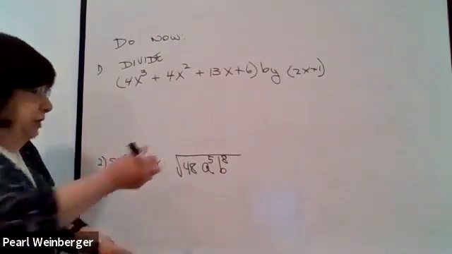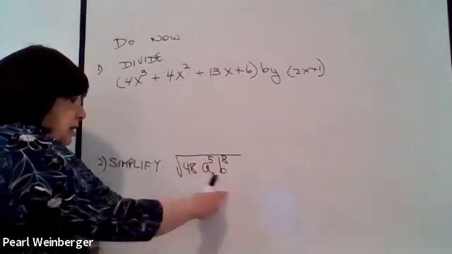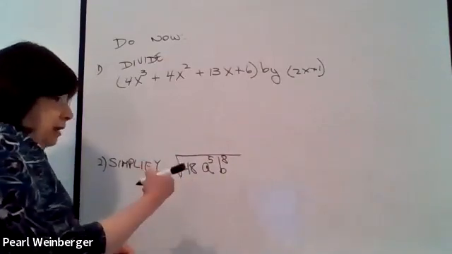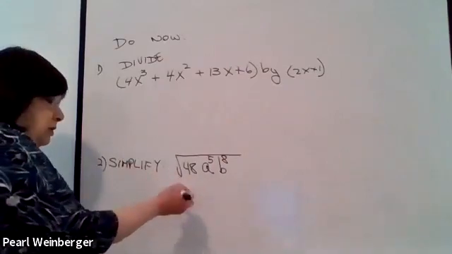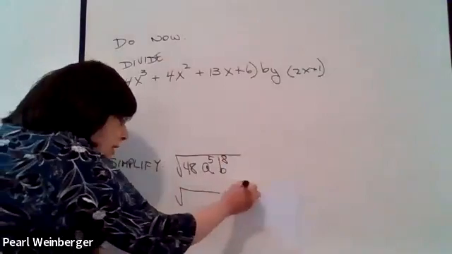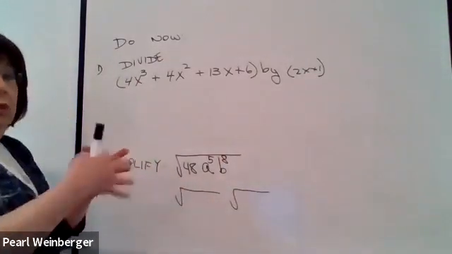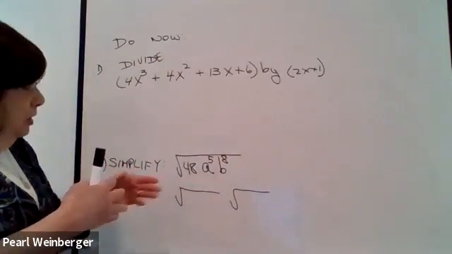If you recall what we said yesterday, unless these are perfect squares, there actually are numbers that when you multiply them by themselves will give you this number. What you try to do is break it up into two radicals. In the first radical, you're going to put all of the perfect squares, the numbers that have square roots.